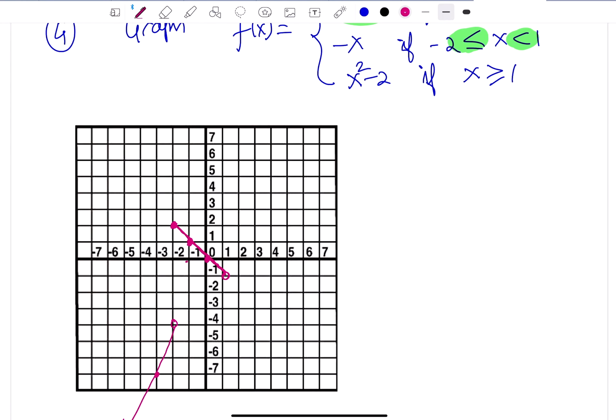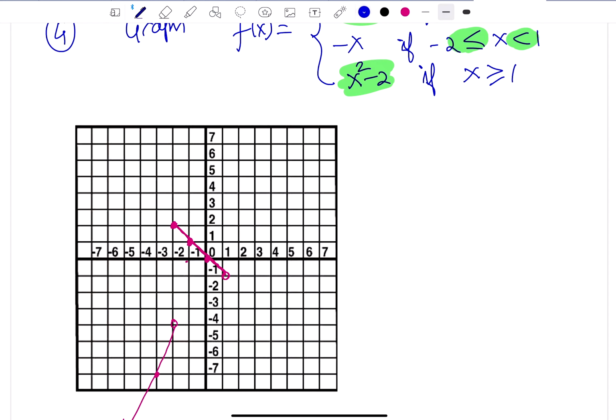For x greater than or equal to 1, I have a parabola which is shifted 2 units down. Again, to figure out the points, I'm just going to start plugging in x as 1, 2, 3 in here to mark my points. So when x is 1, y is going to be negative 1, and the hole is going to be covered there.